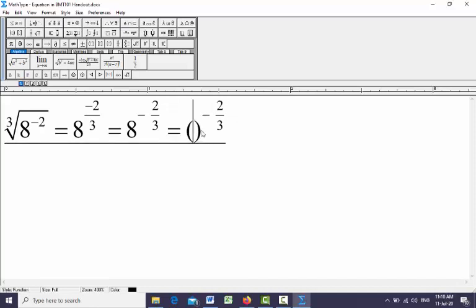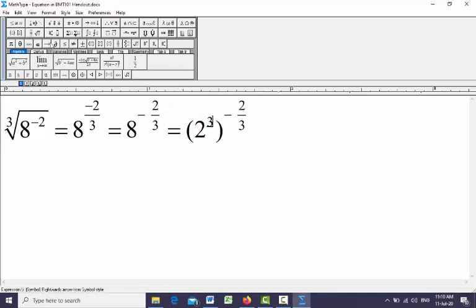Instead of 8, we can write 2 to the power 3 here, because 2 to the power 3 is 8. We can write it like that. So now, as I said before, we have power 3 inside the bracket, and outside another power is there, which is minus 2 by 3.